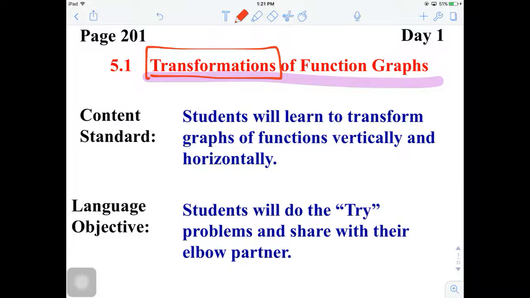We're going to be changing the graph either horizontally or vertically. Those are the transformations that we're going to be looking at. By the end of this module, you'll be very familiar and comfortable with using the word transformation.